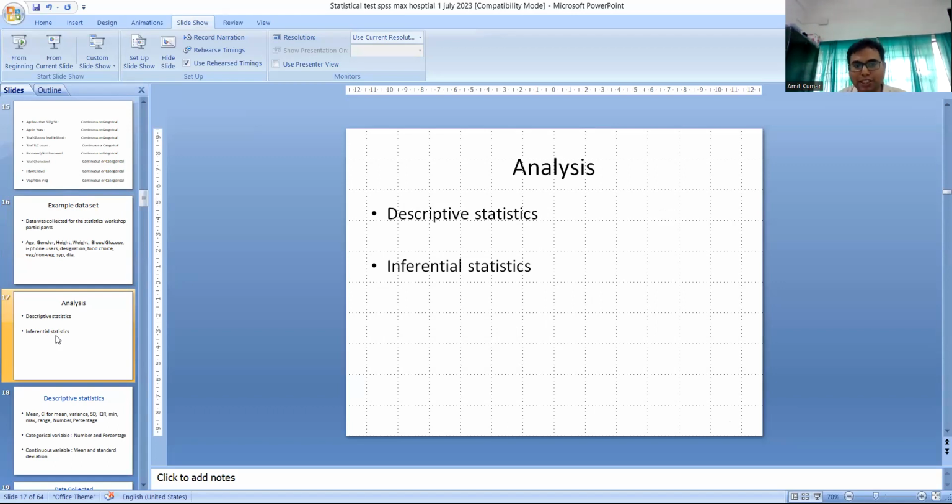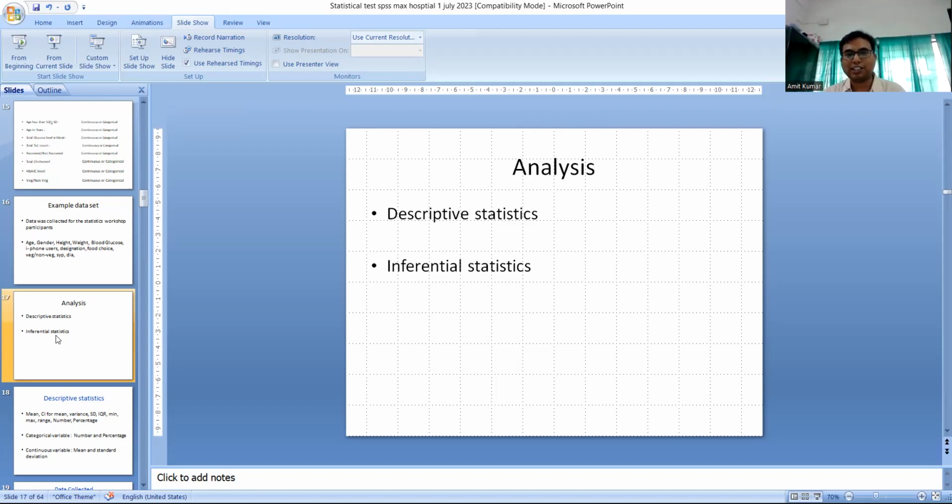So descriptive statistics means to describe the population, your study population. What was the mean age? How many number of males and females? How many of them were hypertensive? How many of them were diabetic? So these types of statistics are called descriptive statistics.